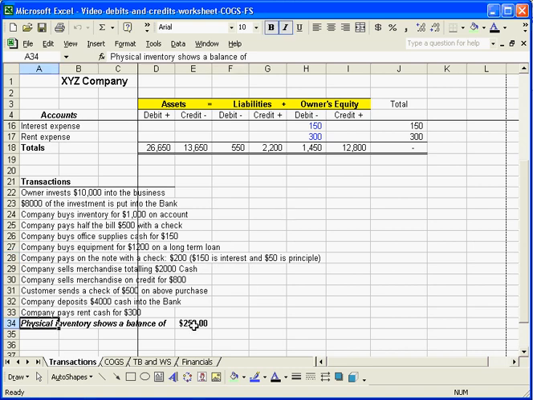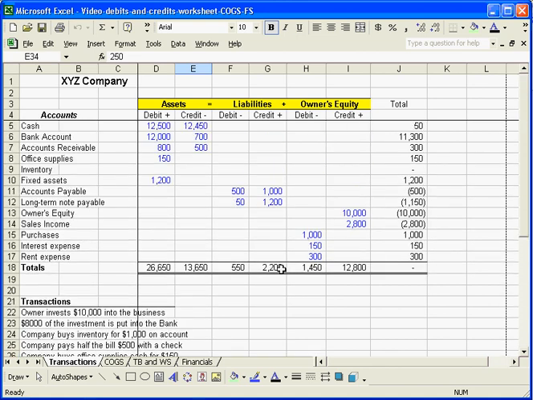And when we did that, we found that the physical inventory shows that we have $250 worth of inventory on the floor. So how do we account for that? How do we get this $250 to become a part of the entries that we posted here so that we can have it on the financial statements?